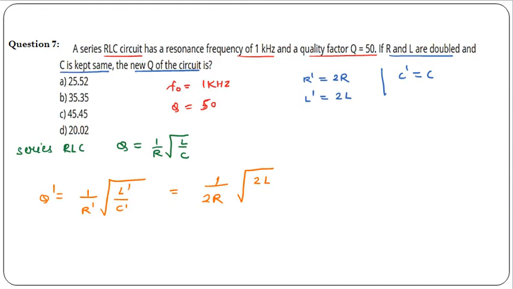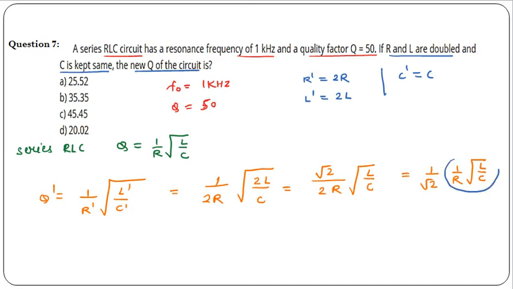The inductance is also doubled, so this is 2 into L, and the capacitance value is the same. From here we can take root 2 common, and in the denominator we have 2 into R into square root of L by C. This can be further simplified: the 2 can be written as root 2 into root 2, so this will be equal to 1 by root 2 into 1 by R root L by C. This is nothing but our quality factor Q.